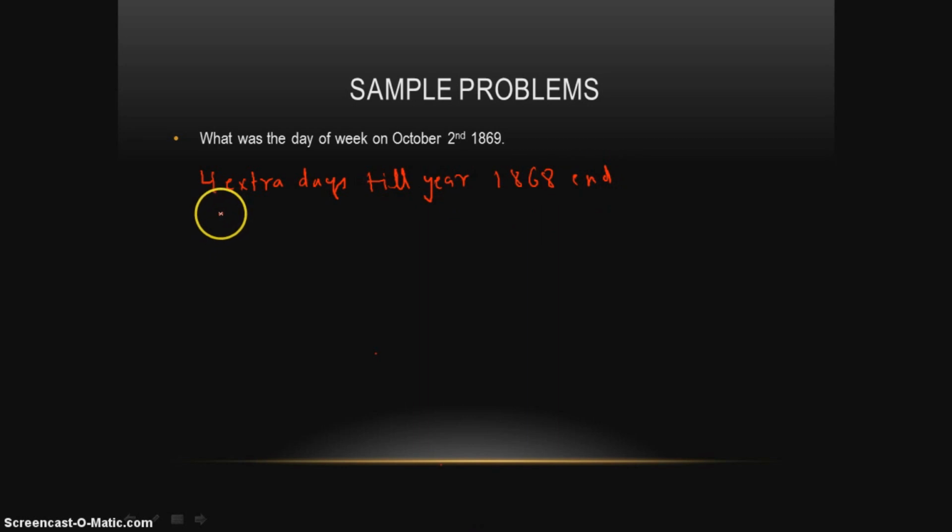So now I have to calculate total number of days from 1st January 1869 to 2nd October 1869.